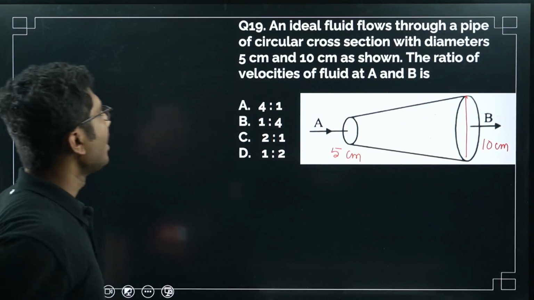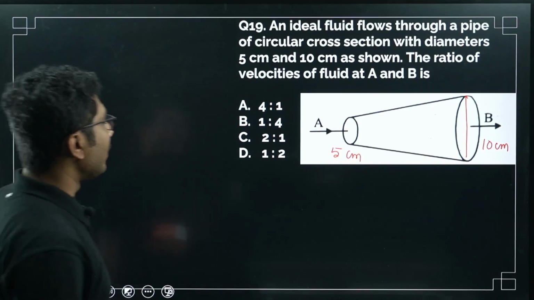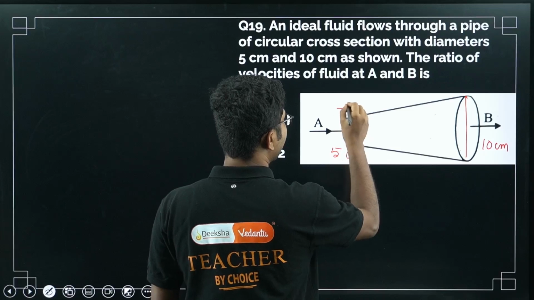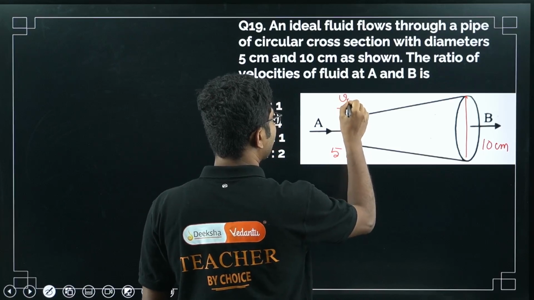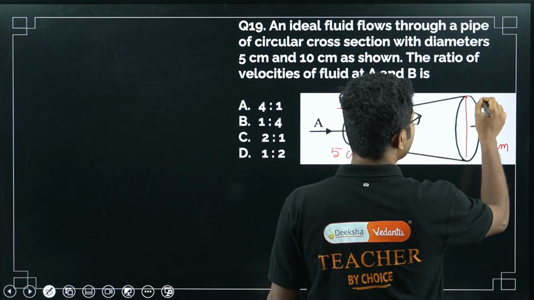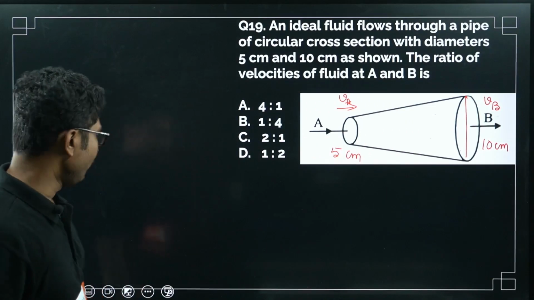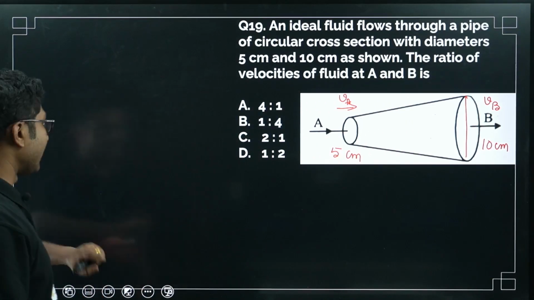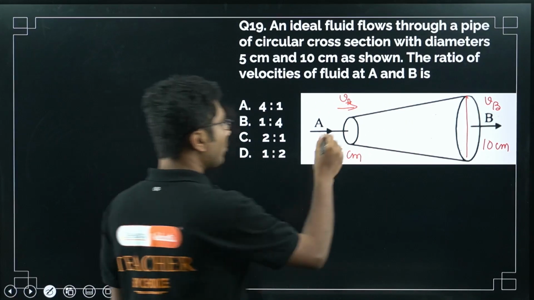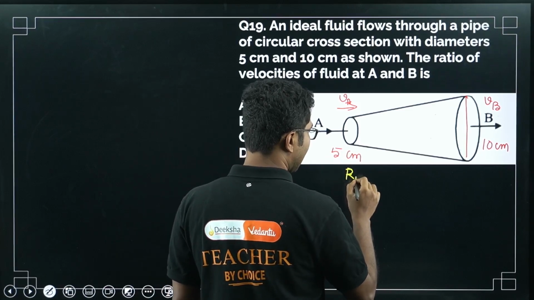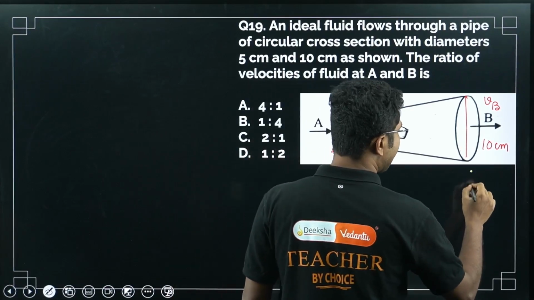Okay, the ratio of velocities for fluid A and B. So suppose the velocity here is VA and the velocity here is VB. What we are trying to find is VA is to VB. Now what is the flow rate? The flow rate for both sides, if the flow rate here is say RF, the flow rate will be the same.